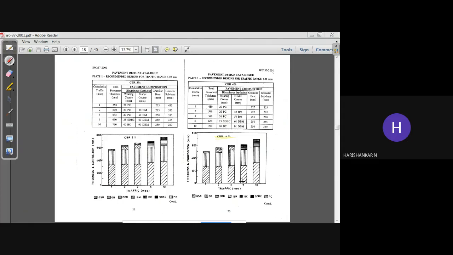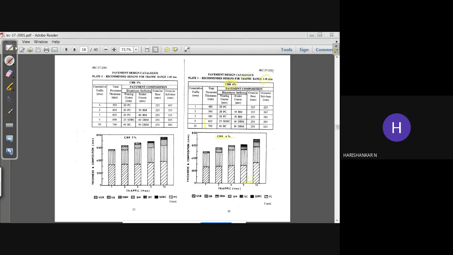So here it will be in between these two. You have to use a percentage in between these two graphs, so it is directly obtained from the table. From the table you can see it's CBR 4%, so it is 1 to 10 MSA. For 1 to 10 MSA and 4% CBR, you can use this table. From this table you can see the 660 is in between these two.